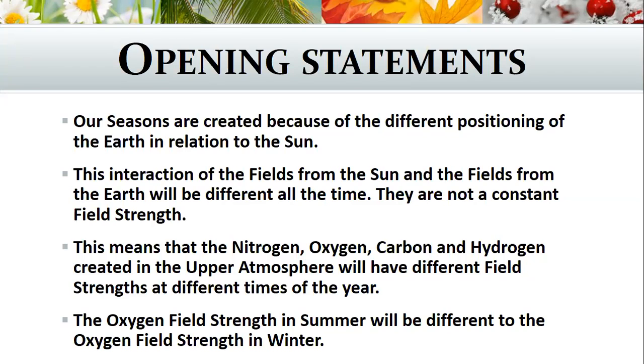This means that the nitrogen, oxygen, carbon, and hydrogen that are created in the upper atmosphere will have different field strengths at different times of the year, and we can see how those affect the plants. For example, the oxygen field strength in summer will be different to that oxygen field strength in winter.